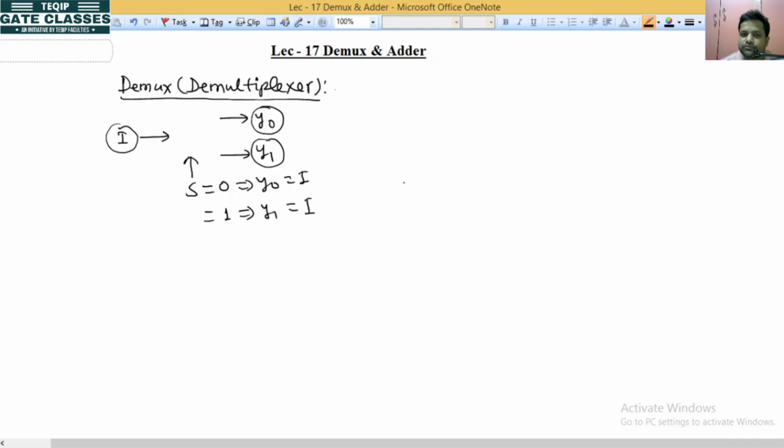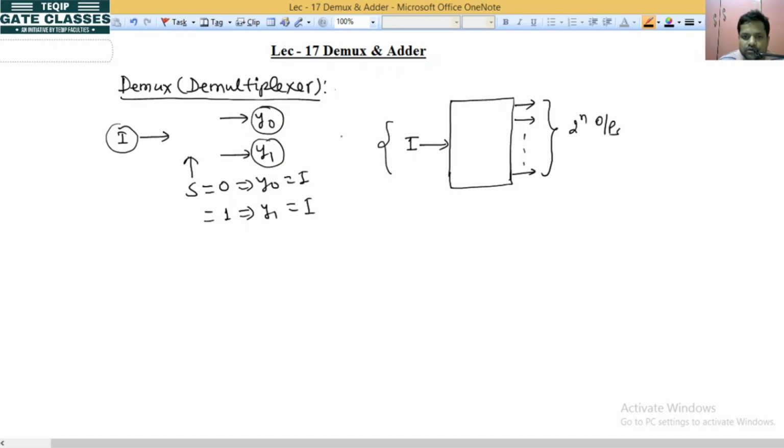If we talk about a general demultiplexer, it has one input, that is I, and 2 power n outputs. So it has only one input and 2 power n outputs. And how many selection lines will be there?